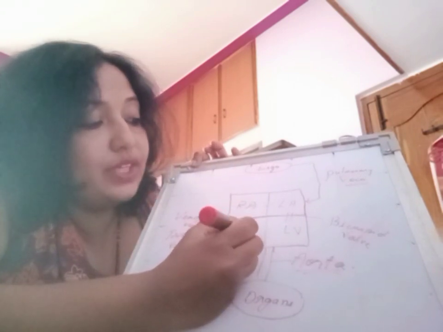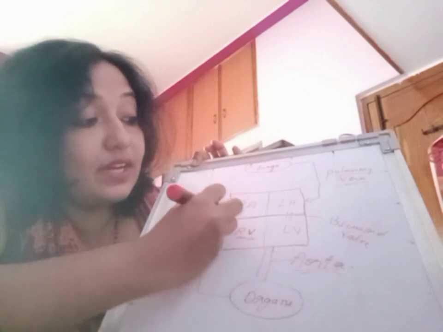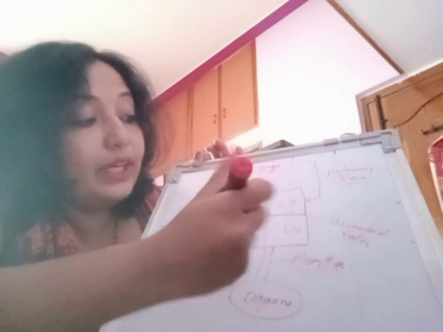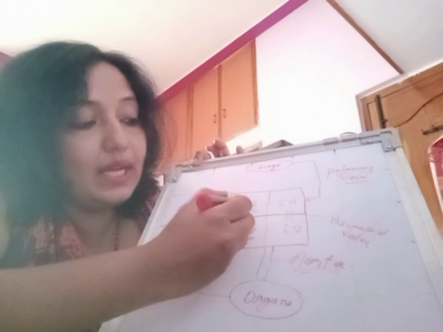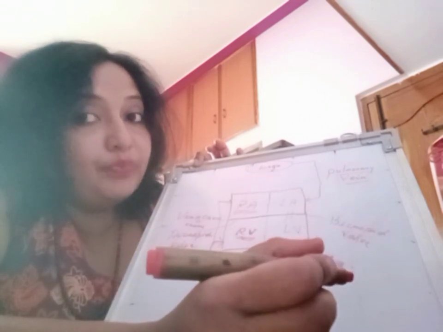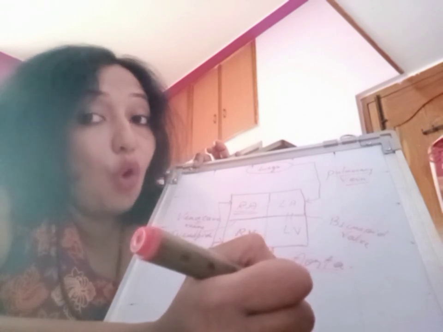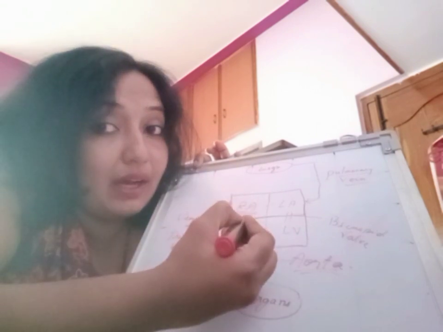From the right ventricle, what happens? Sorry, it enters the right auricle. A little correction, okay? It enters the right atrium. Through the right atrium only it receives the deoxygenated blood. The deoxygenated blood from all the organs enters the right atrium of the heart.